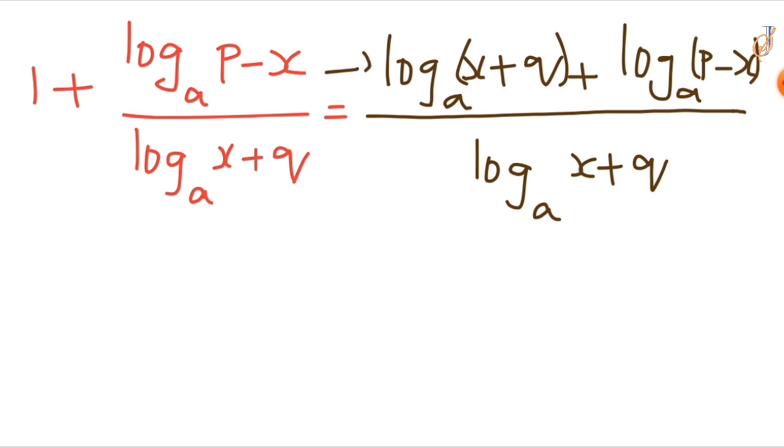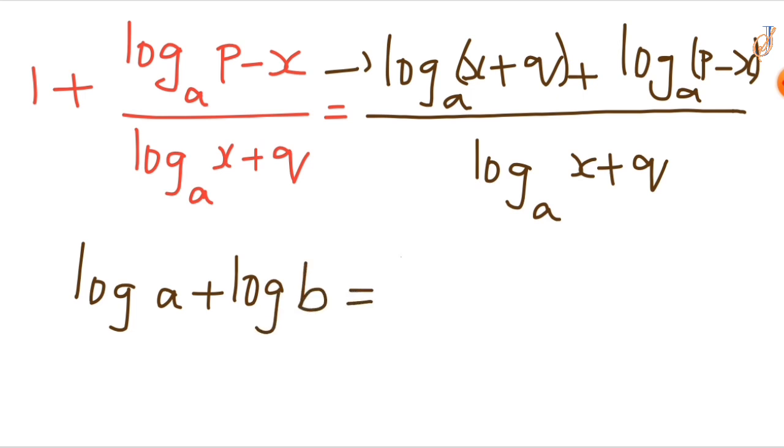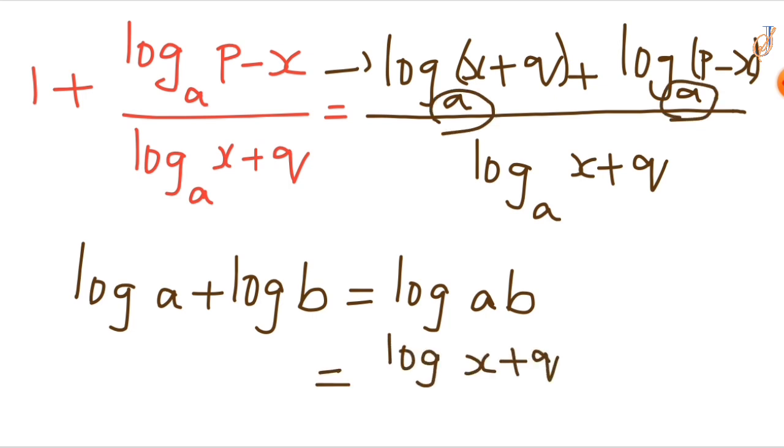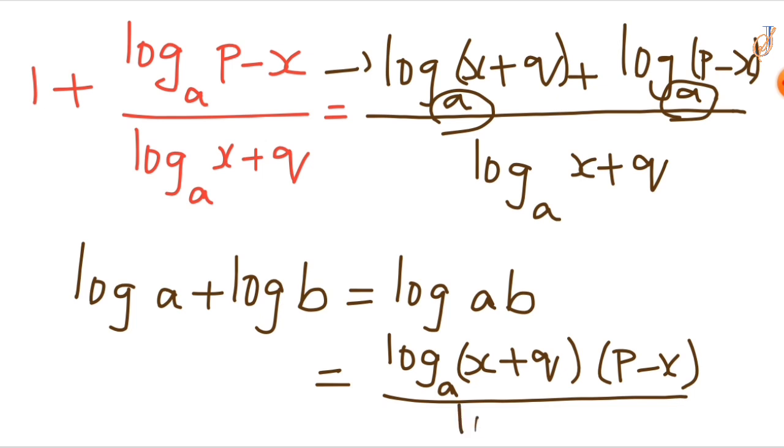It is in the form log a plus log b, and according to the logarithm property we can write this as log ab. Same like that, we can write this numerator part as log_a((x + q)(p − x)) over log_a(x + q).